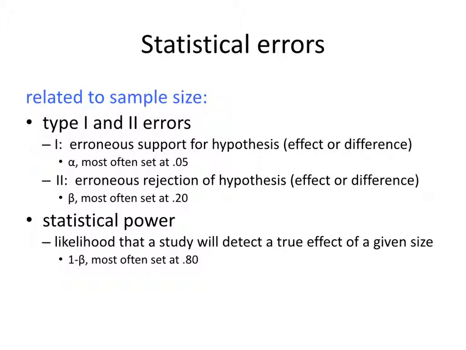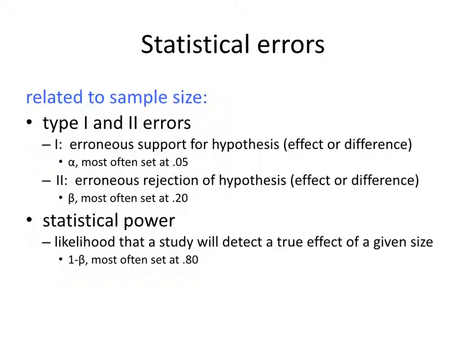And then finally, statistical power. Statistical power is related to the beta rate. Statistical power is sort of the obverse of beta. It's the likelihood that a study will detect a true effect of a certain size. And it's expressed as 1 minus beta, and therefore the statistical power is typically set at 0.80.